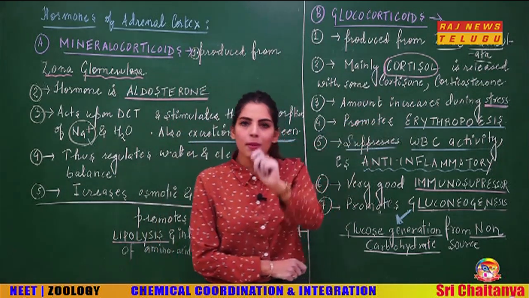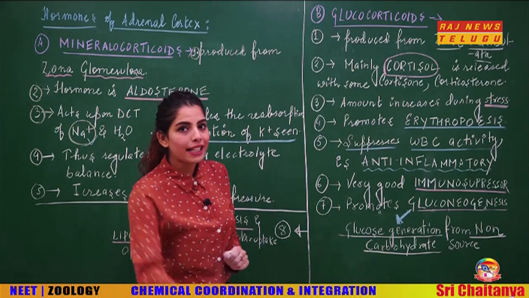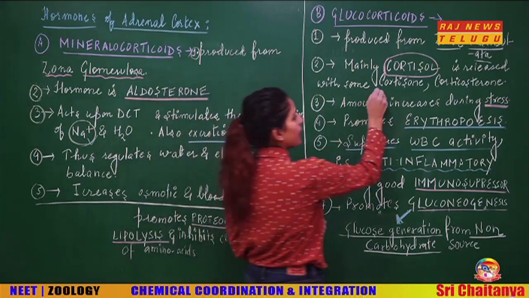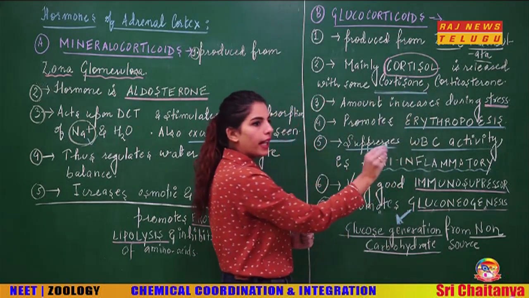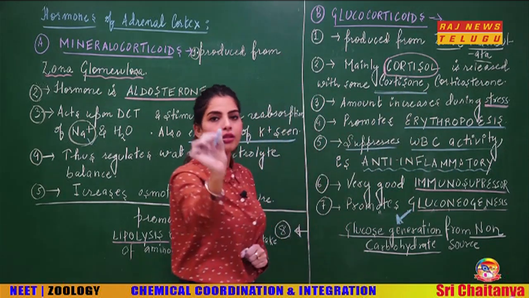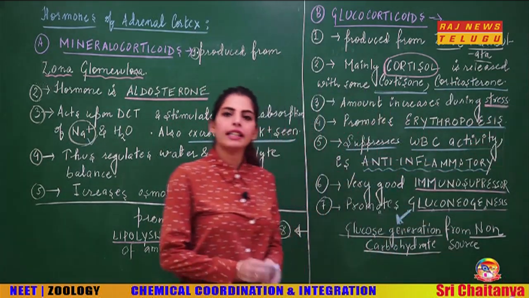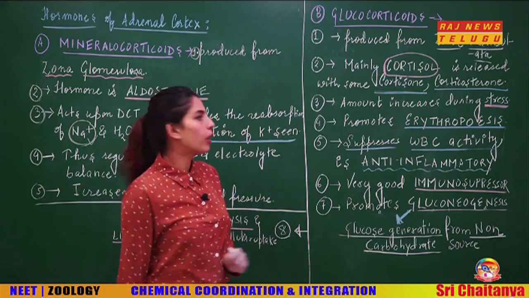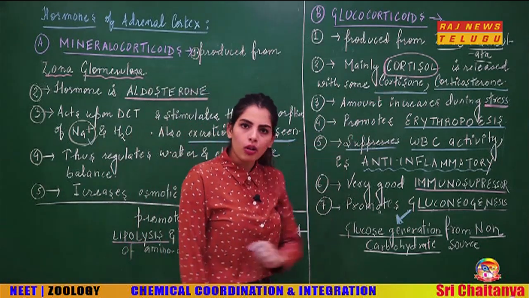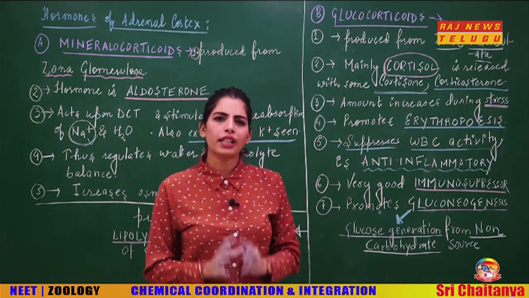Cortisol is the maximum in amount, that is the major glucocorticoid, but besides cortisol, some amount of cortisone, S-O-N-E, not sol, and some amount of corticosterone is also being produced. But majorly, the glucocorticoid is cortisol. So what we will see is basically the function of cortisol itself.